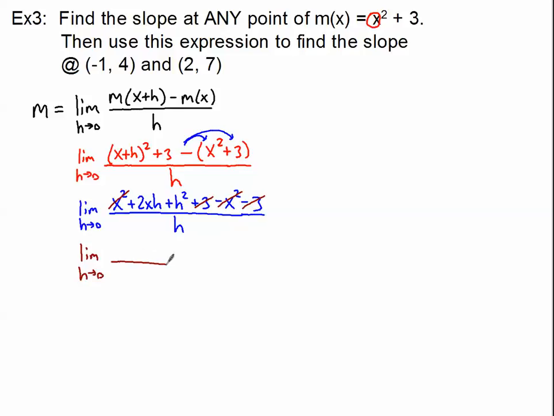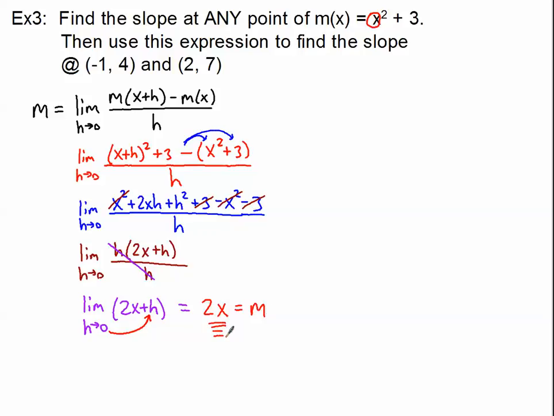The only two terms left in the numerator share an h, so I can factor that out and be left with 2x plus h, and it's all divided by h, and then finally I've canceled out that common factor, leaving the limit as h approaches 0 of 2x plus h. And finally I have an expression that I can plug a 0 in right in there for h, and I get 2x. My slope, once again, is the expression 2x.